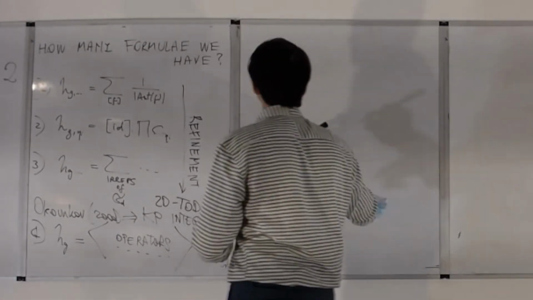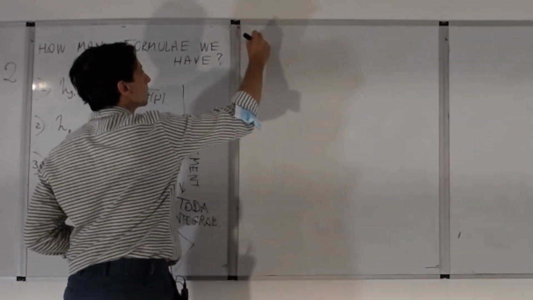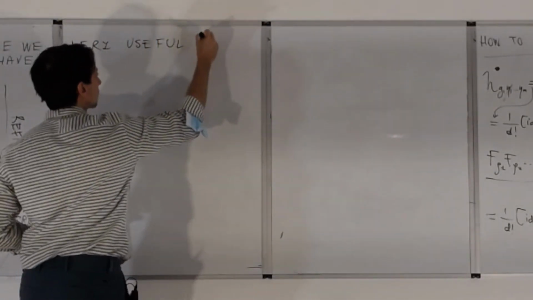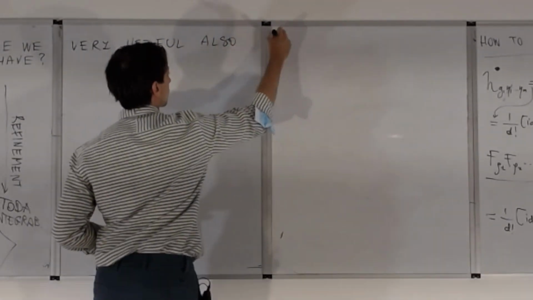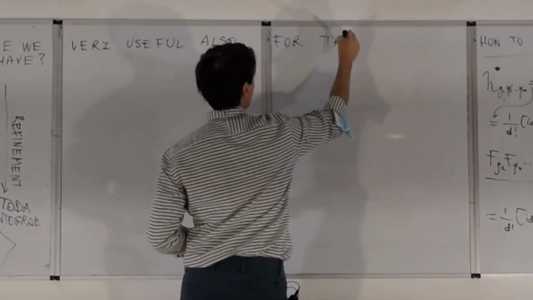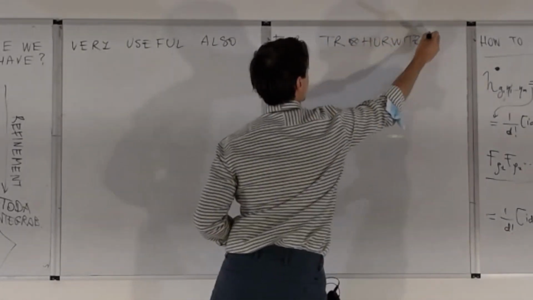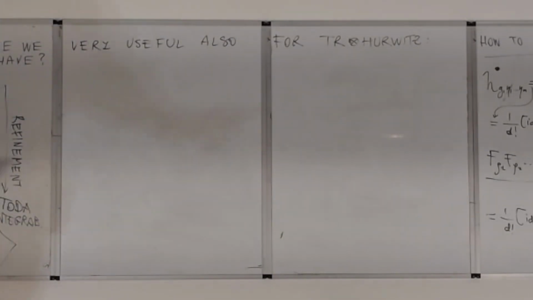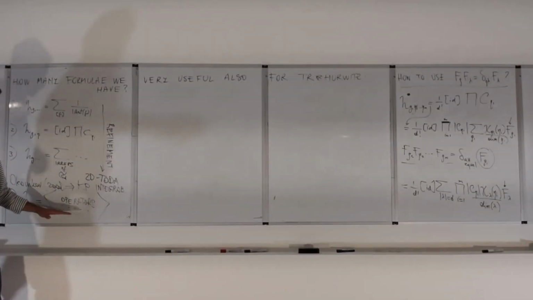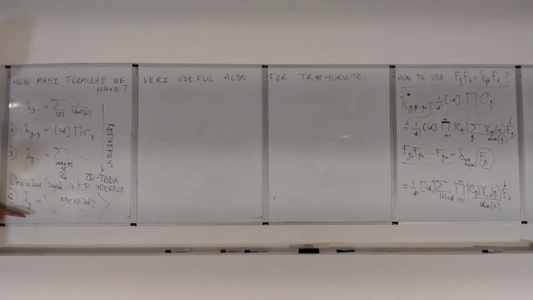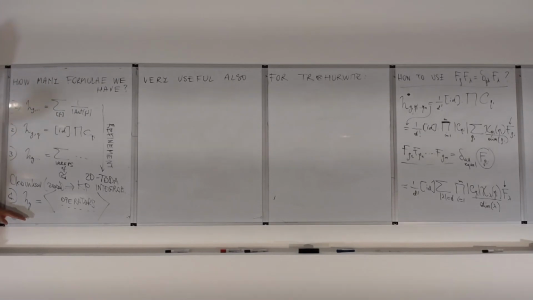So let me write here. What I mean is that I don't only care about the fact that this expression proves integrability, in the sense that the partition function is a tau function of some hierarchy, but it has been used many times, this level here, the level 4, to prove that some Hurwitz problem satisfies topological recursion.